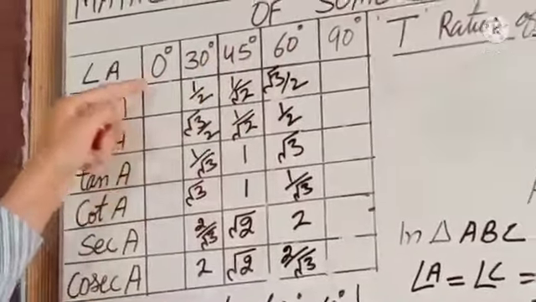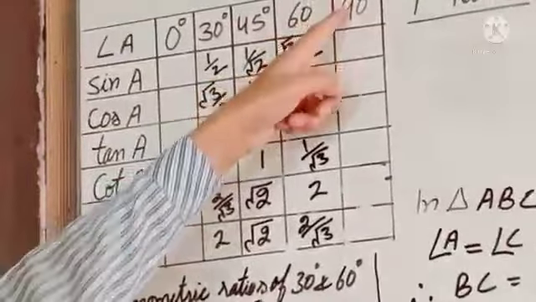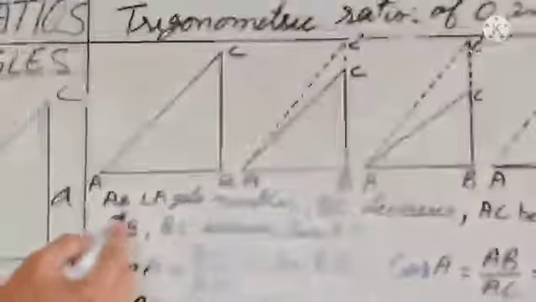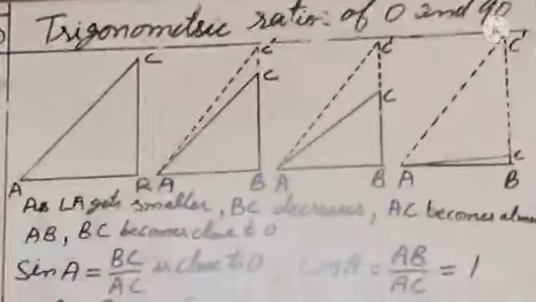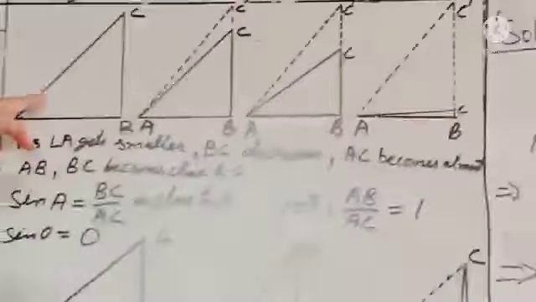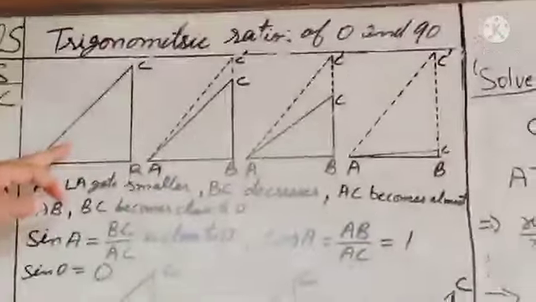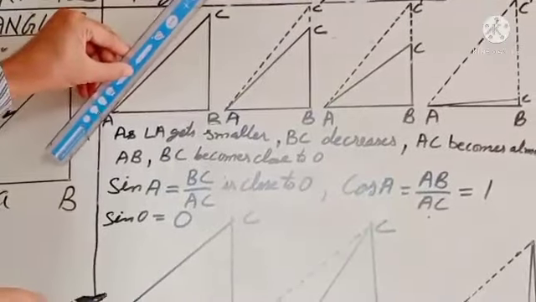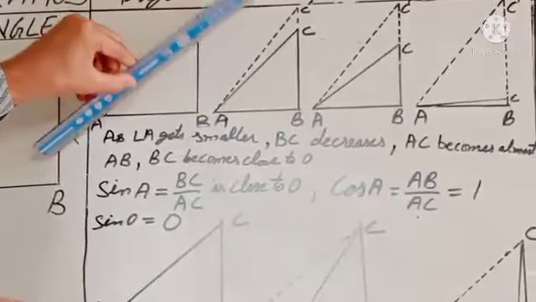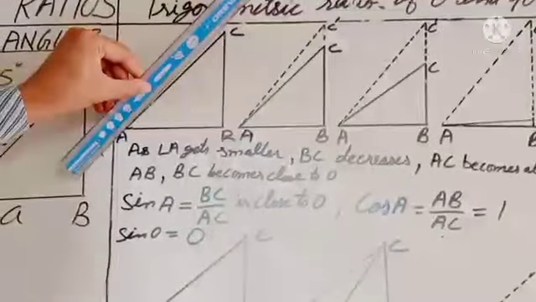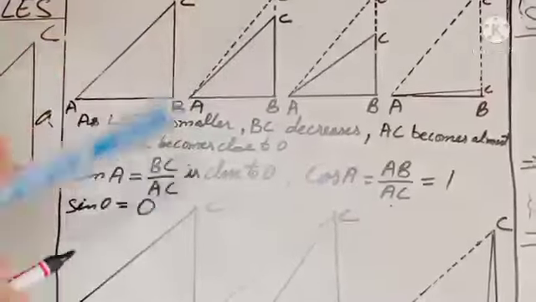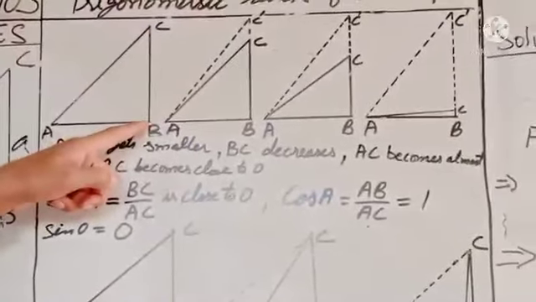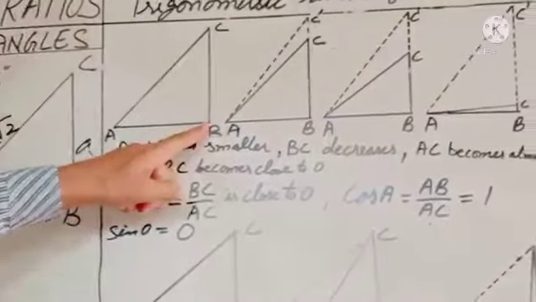Now we have to calculate the values of 0 and 90. Okay. So trigonometric ratios of 0 and 90. See, consider this triangle ABC again. And let's start closing angle A. As angle A gets smaller and smaller, there will be a time when C coincides with B. Right?